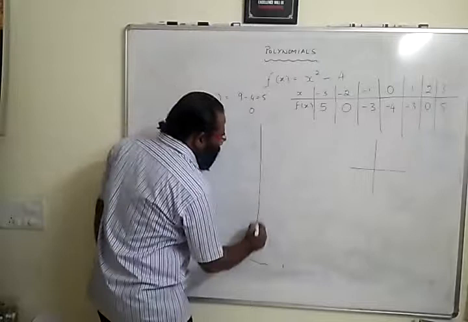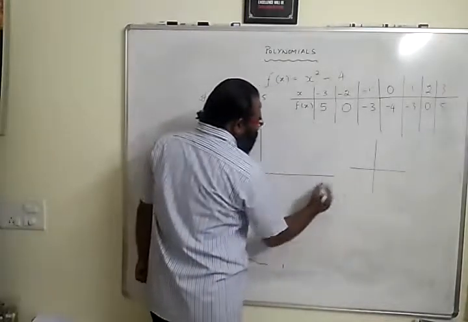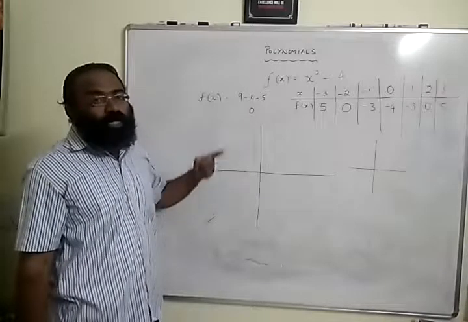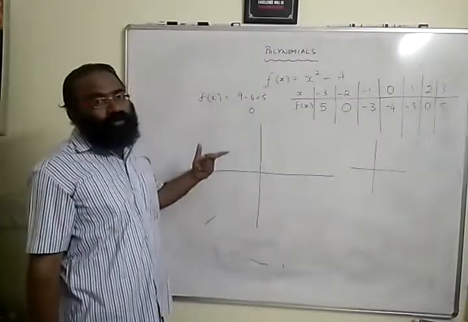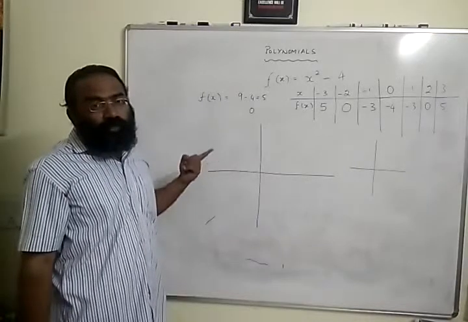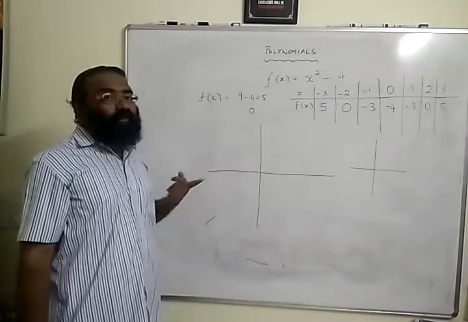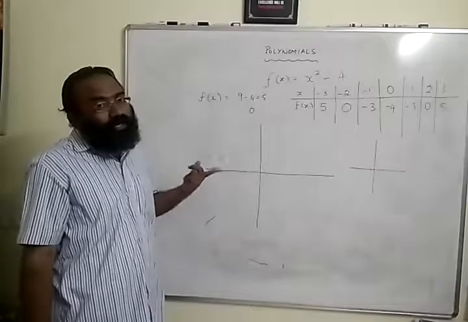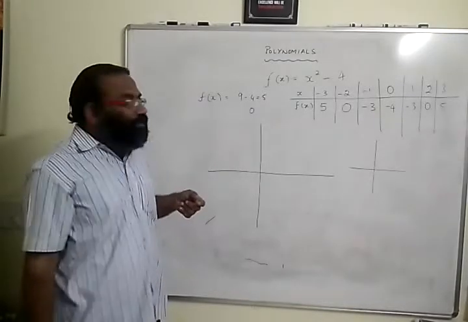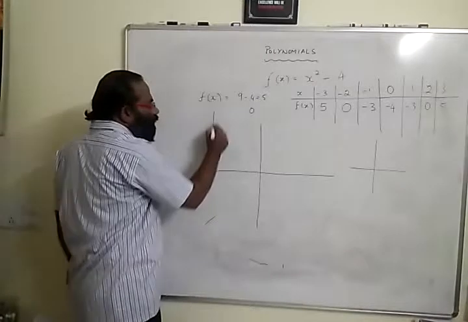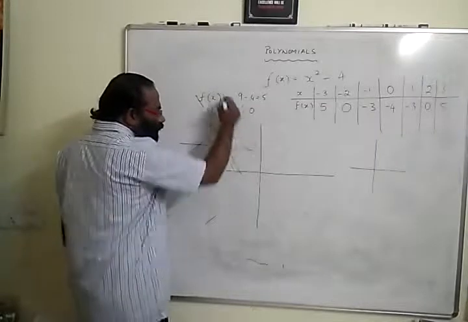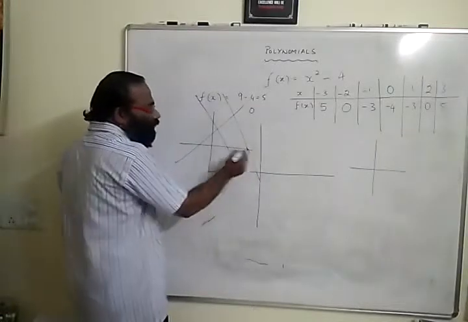So now let's see how the shape of this one looks. We saw that a linear polynomial is a straight line, and we saw that it has one zero. The maximum you can have is one zero. There is a single case where the number of zeros is 0 in a straight line. Any straight line that comes will cut the x-axis at one point.